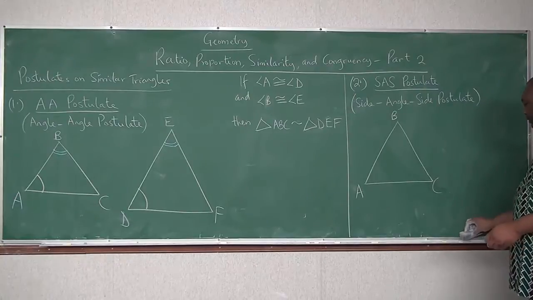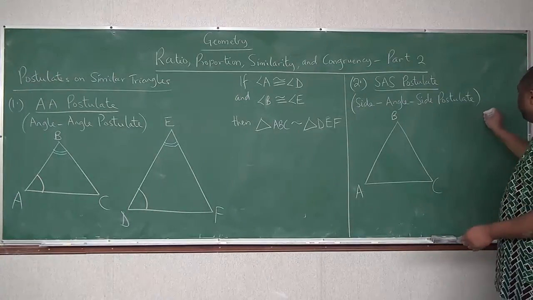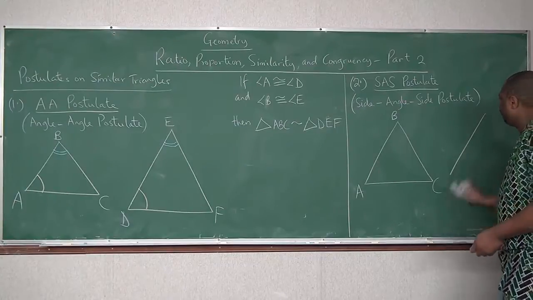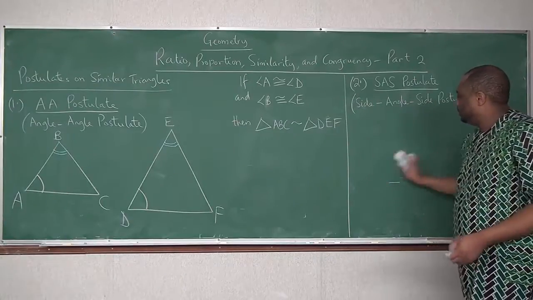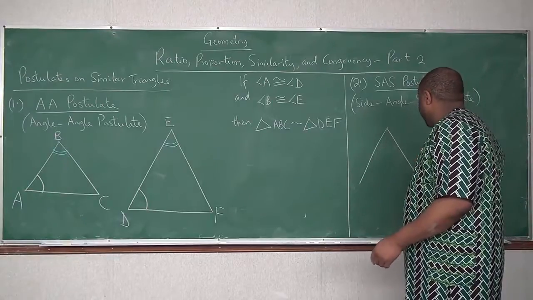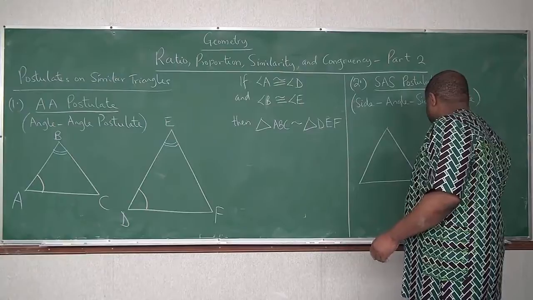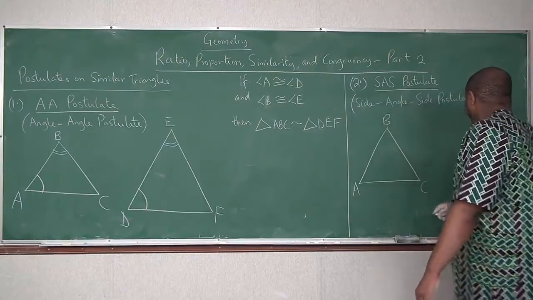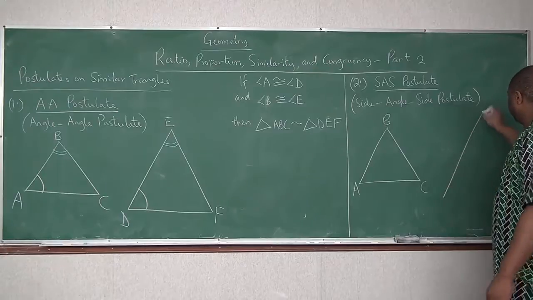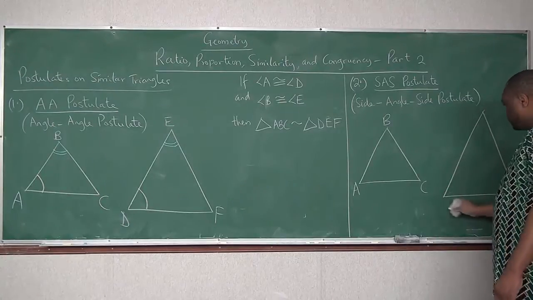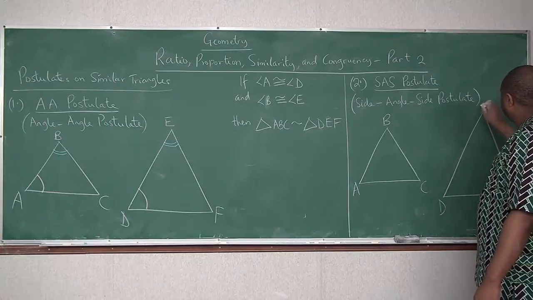So you have triangle ABC and triangle DEF. Let me draw this so I can have space.